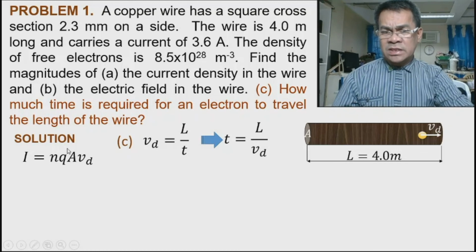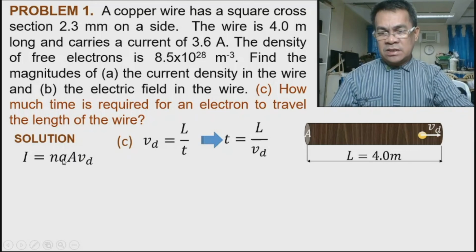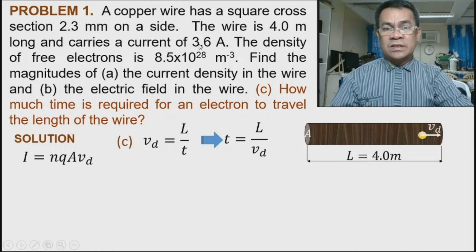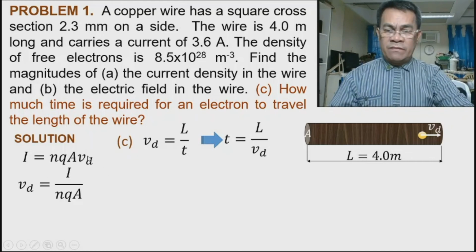This is 1.602 times 10 raised to negative 19. Okay, this is provided. This one is also given. You have to square this one because it is a cross-section. Then this one is unknown. I is given, it is 3.6. So solve the velocity in terms of I, n, q, and A. Therefore I is equal to nqAv, so v equals I divided by nqA.